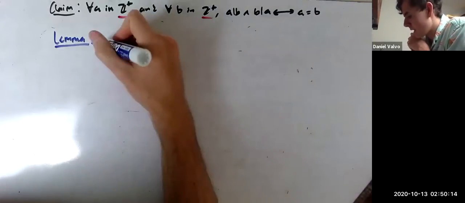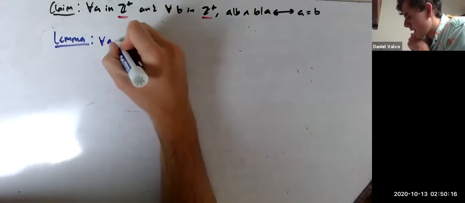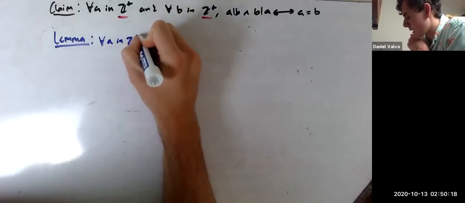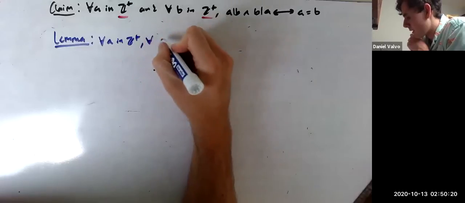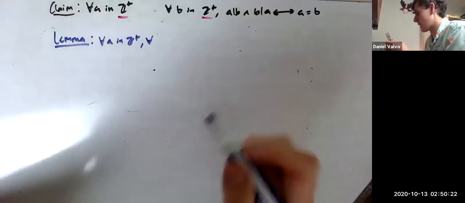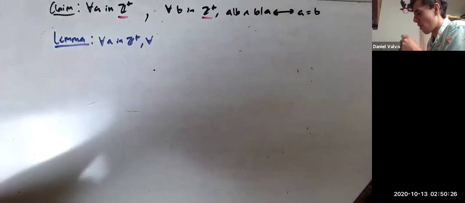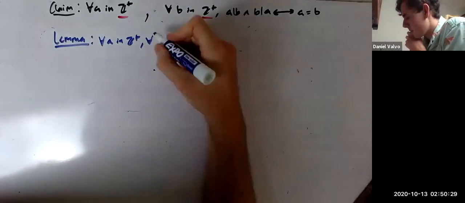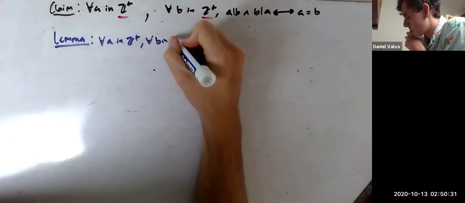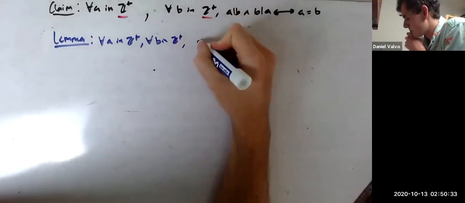So our lemma is going to be for all A in Z plus, and for all B in Z plus.